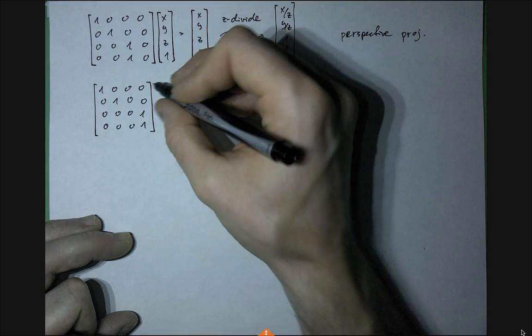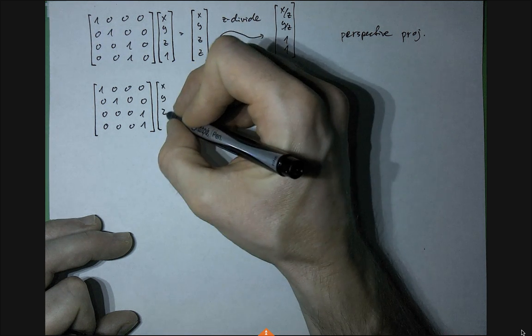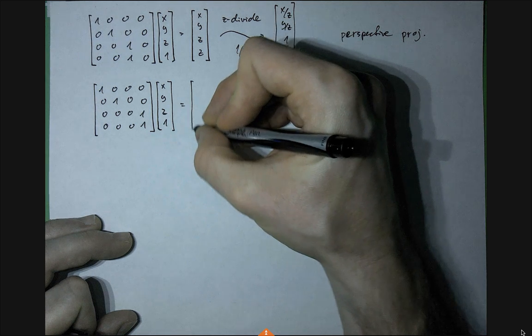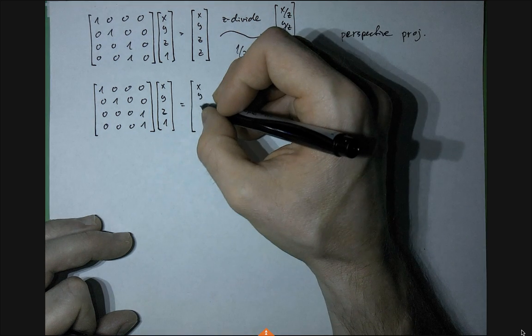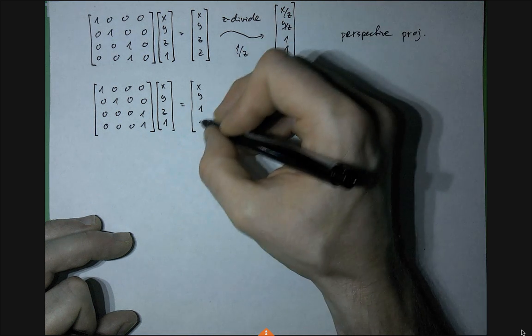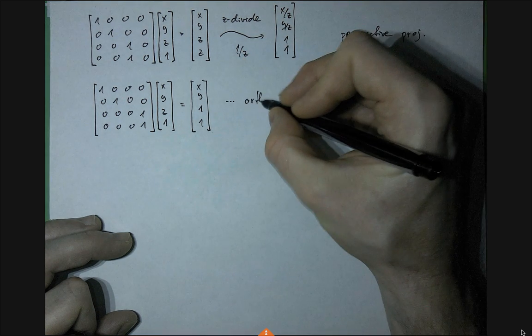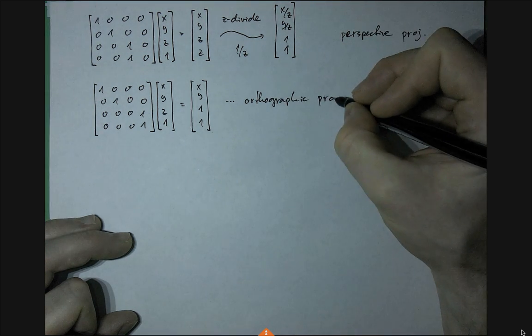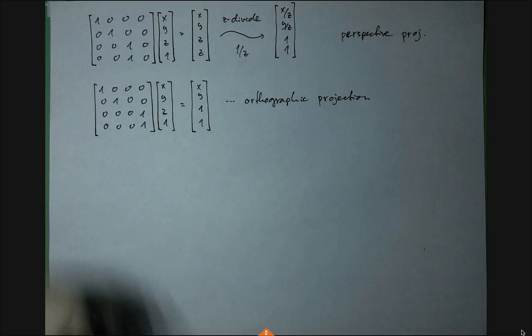Let's see, what does it do? If I apply it to x, y, z, 1, it's really no big deal, but it gives me x, y, 1, and 1, right? So this is exactly orthographic projection. Here I don't even need any z divide.